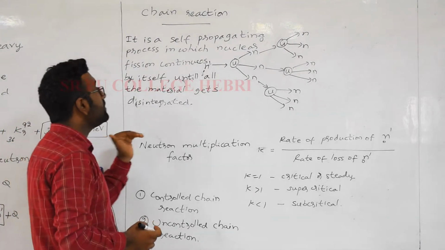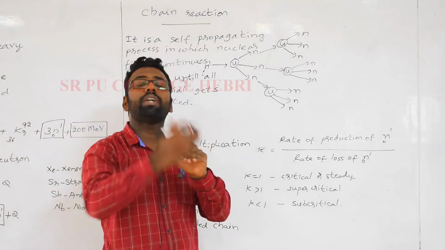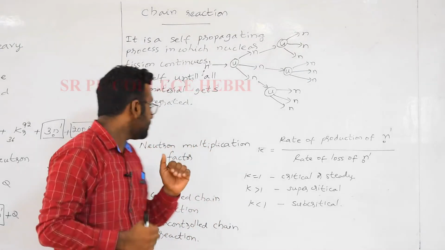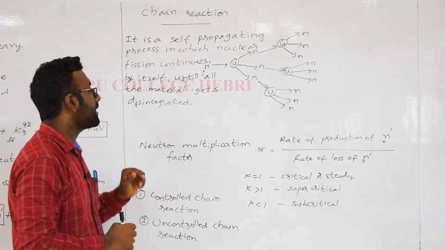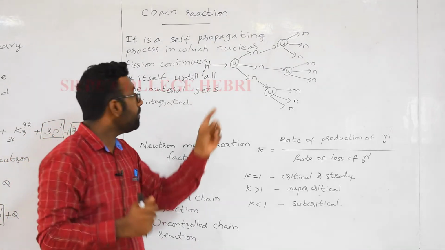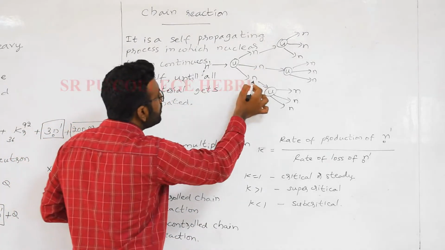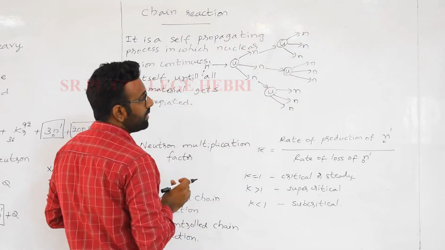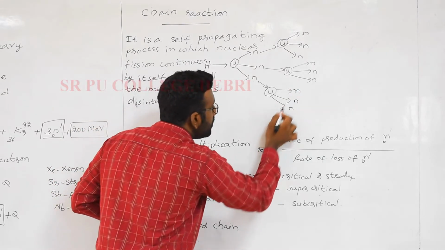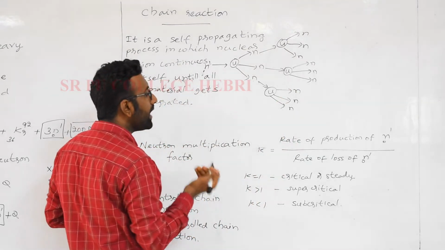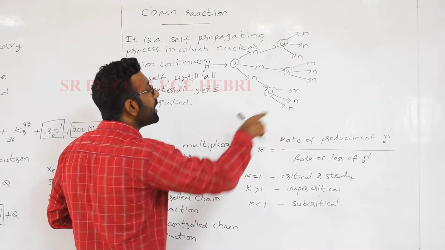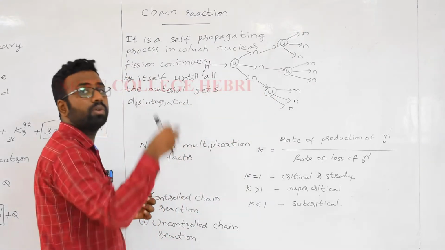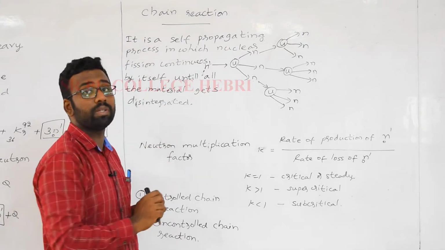Now this process is going to continue, or it might get stopped, and there is a factor called the neutron multiplication factor that has to be attained. See, these 3 neutrons are getting absorbed by these 3 nuclei, right? If these 3 neutrons are not produced, then the rate of production of neutrons becomes lesser than the rate of loss.